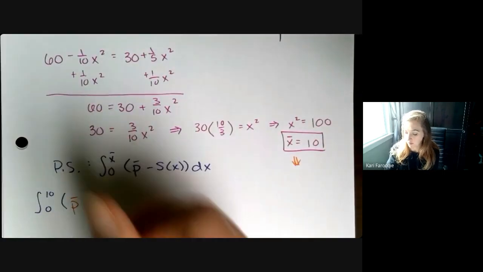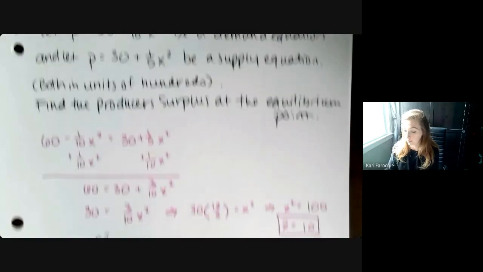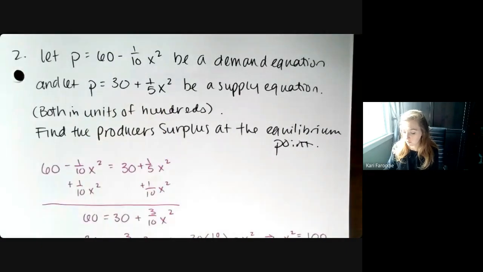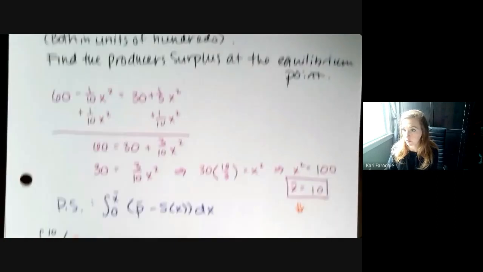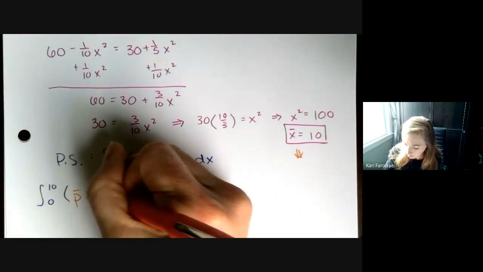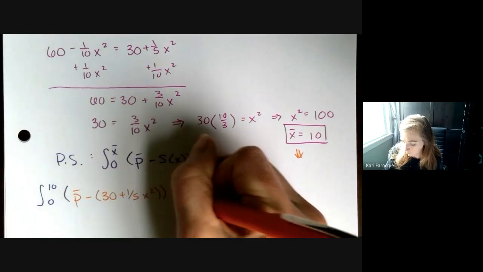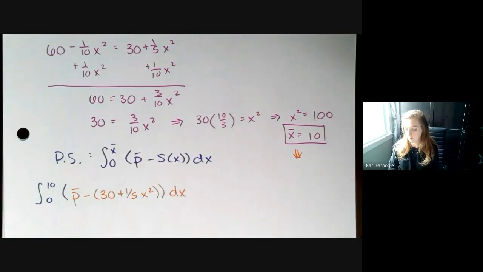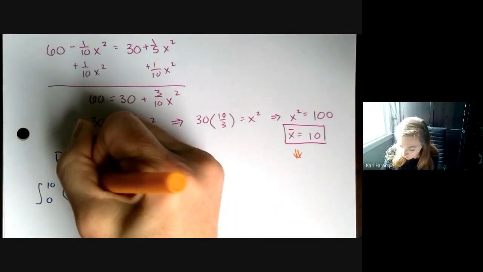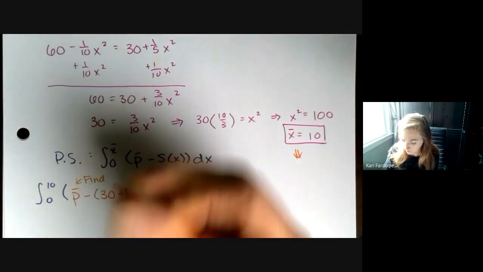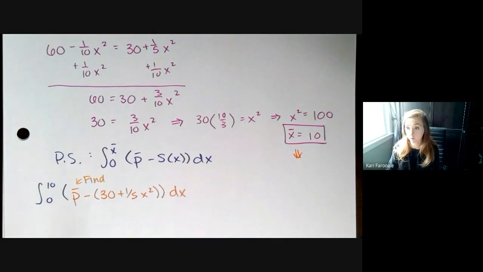I know the supply equation is 30 plus 1/5 x squared, dx. So we're going to have to find p-bar. Big deal. And then we can integrate once we find it.